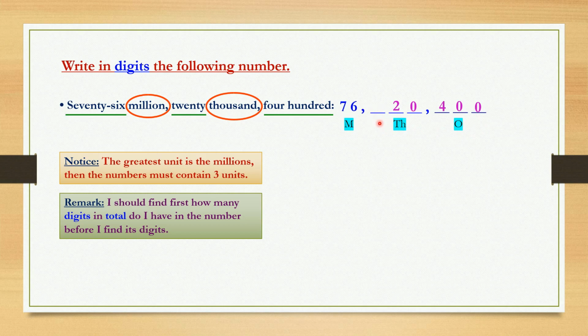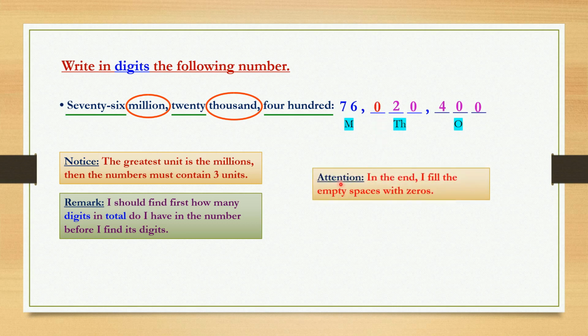So we place a 0 in this empty space. In the end, I fill the empty space with zeros. If I forget to place the 0, the number will be completely wrong. It will be, instead of 76 million, 7,620,400, a completely different number.